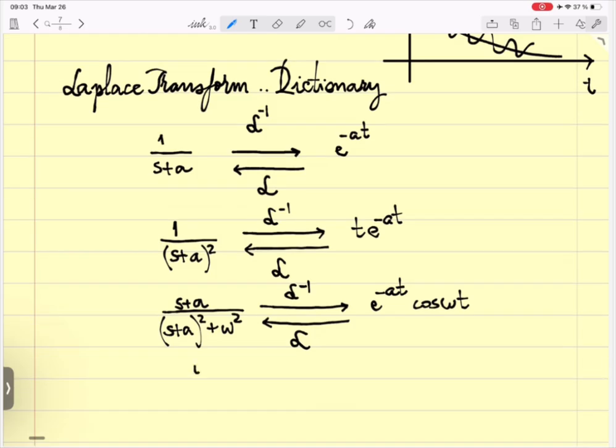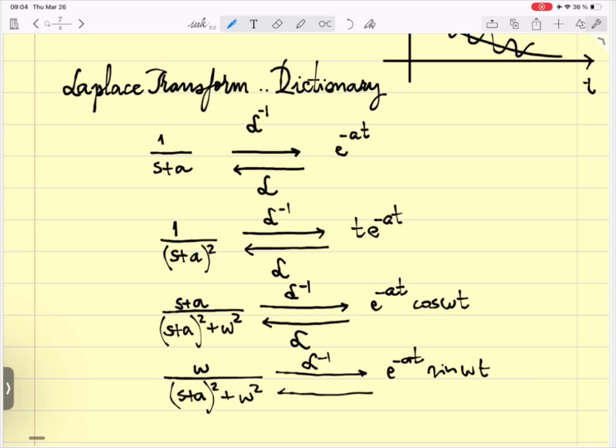And w divided by ((s plus a) squared plus w squared) will yield the corresponding sine, and the other one in this way, okay?